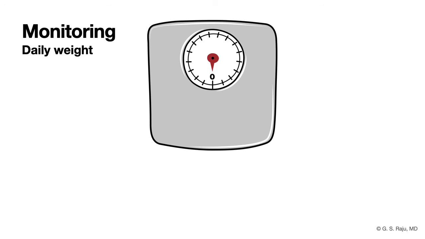They tend to retain sodium because of severe secondary hyperaldosteronism. And in those patients, in addition to a sodium restricted diet, we need to add a diuretic. And it's important to add a diuretic that counters the secondary hyperaldosteronism. We're going to learn about the role of diuretics in patients with cirrhosis next.